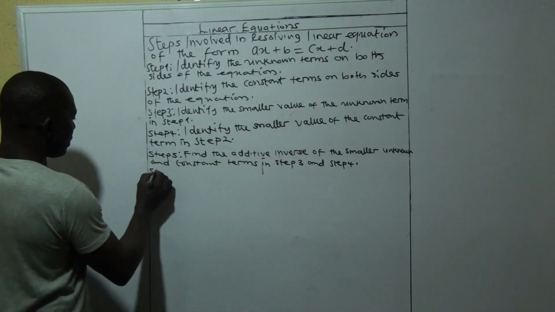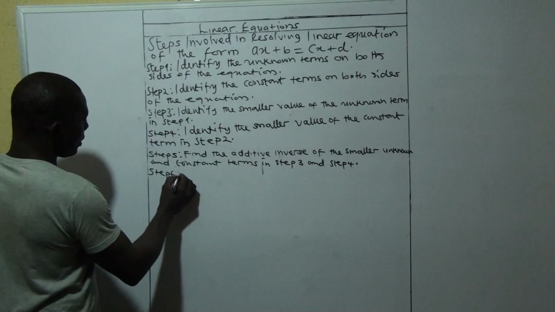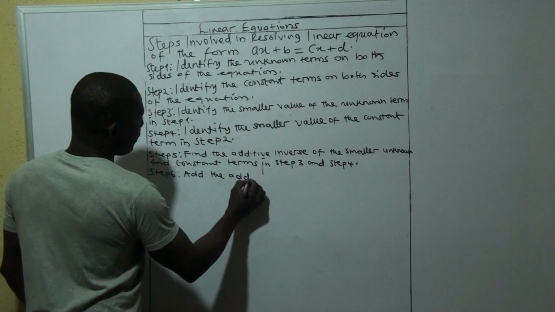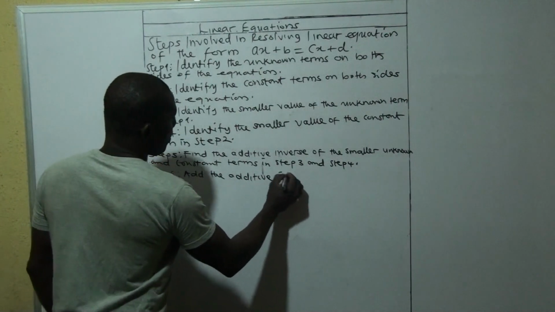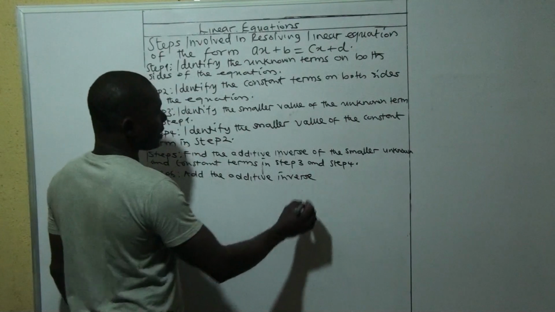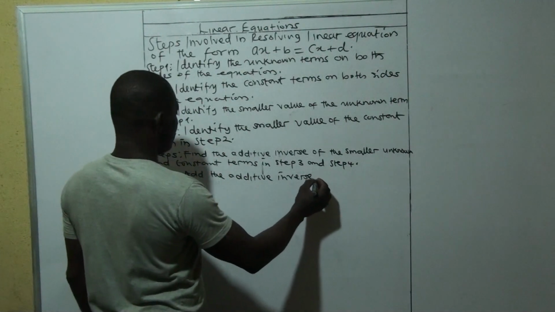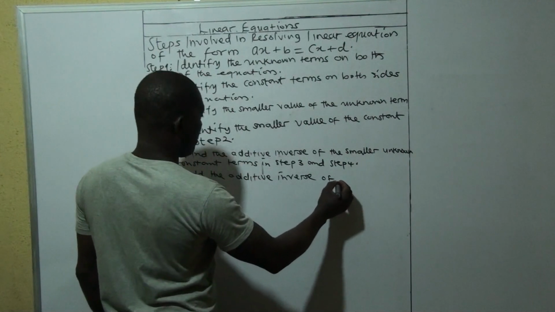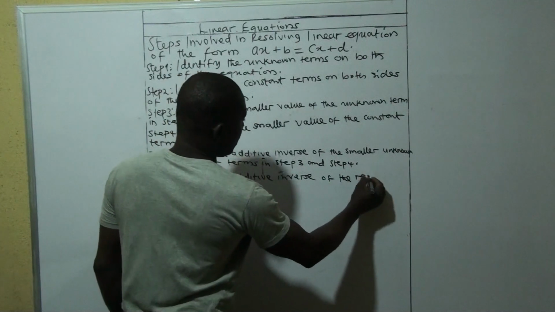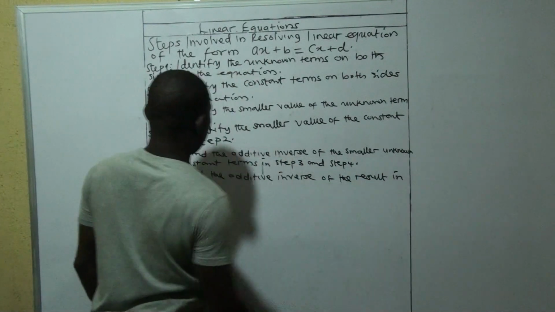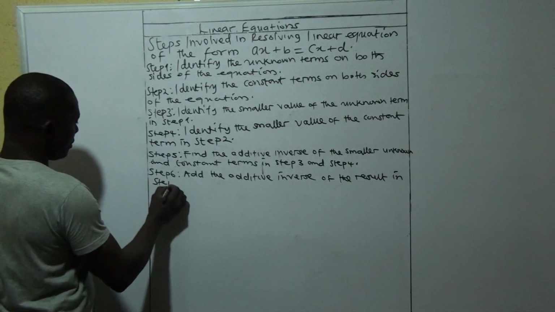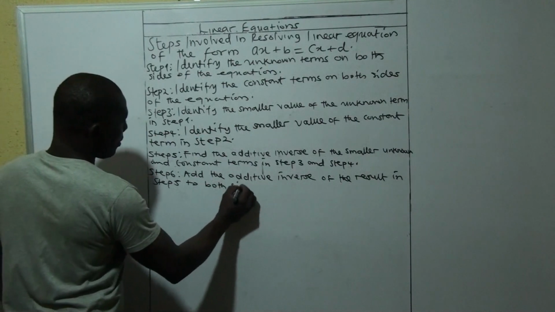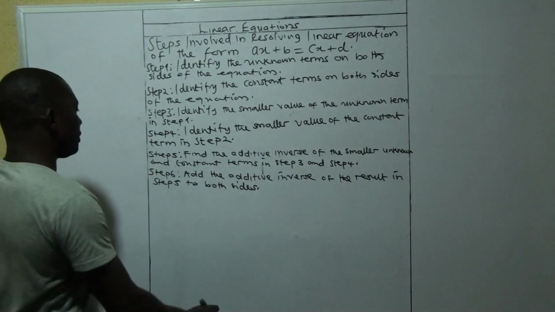Then step 6: add the additive inverse of the result in step 5 to both sides.